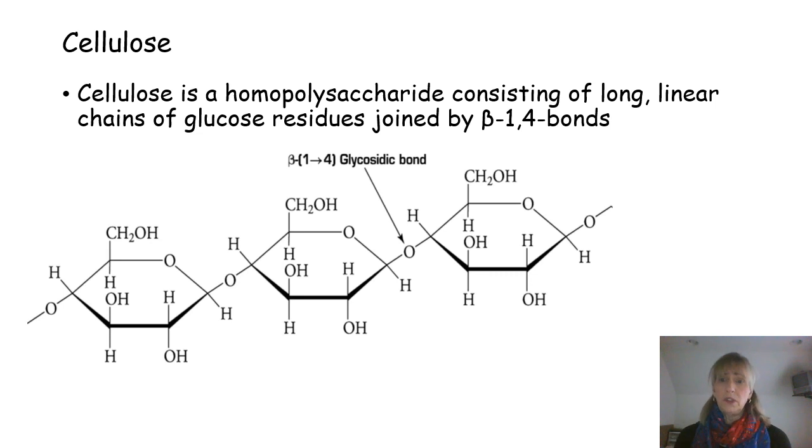All right. So we only show a short section of it typically because we don't want to be drawing 10 and more of these. Okay. All righty. So beta 1,4 glycosidic bonds.